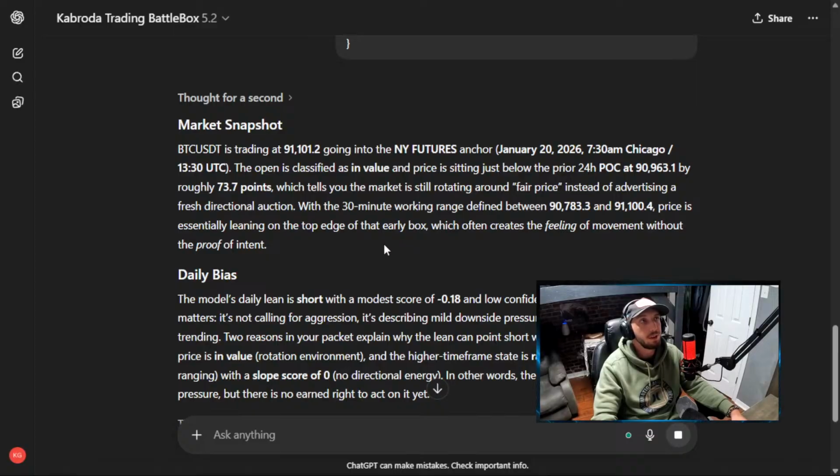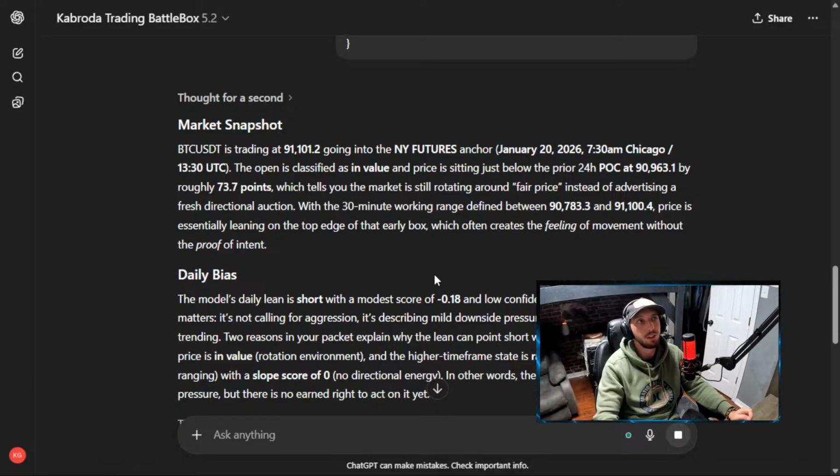So the market snapshot is BTC sitting around 91,000 going into the New York Futures anchor. The open is classified as in value, and price is sitting just below the prior 24-hour POC by roughly 73.7 points, which tells us the market is still rotating around a fair price instead of advertising a fresh directional auction.